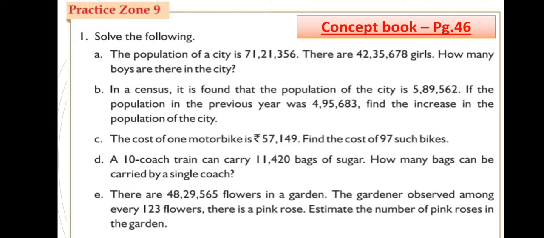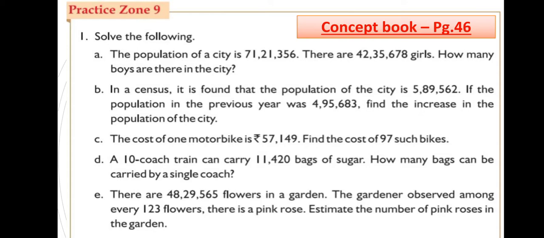Next, E question. There are 48,29,565 flowers in a garden. The gardener observed among every 123 flowers there is a pink rose. Estimate the number of pink roses in the garden.